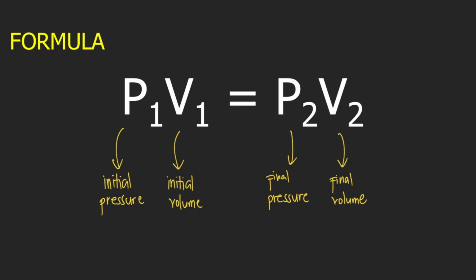If you are using kilopascal for P1, then use kilopascal for P2. Same with volume. If you use liters for V1, make sure you use liters for V2. If you use ml for V1, make sure you are using ml for V2. So just be consistent with your units.